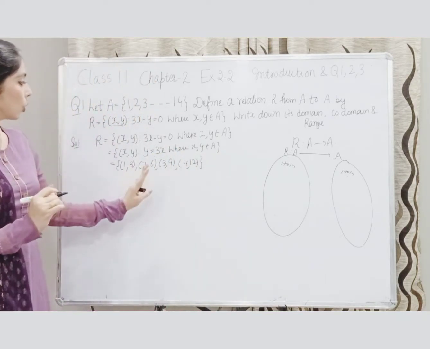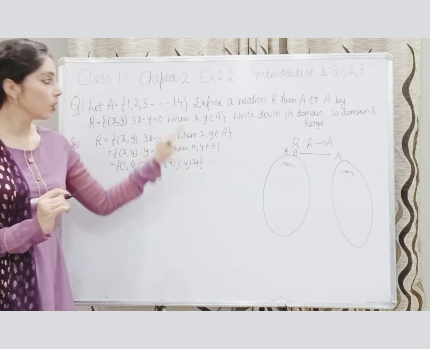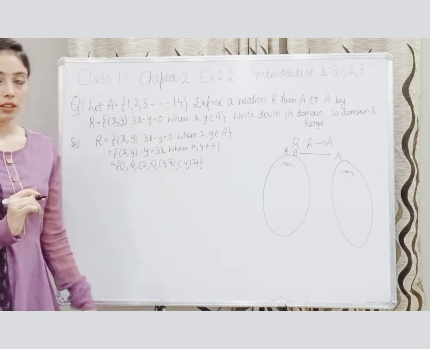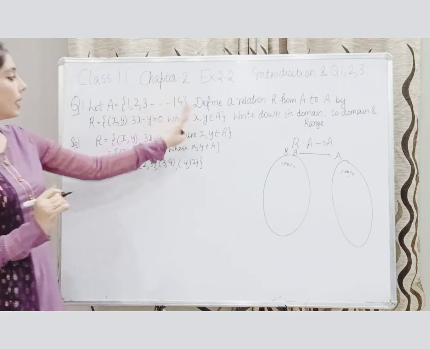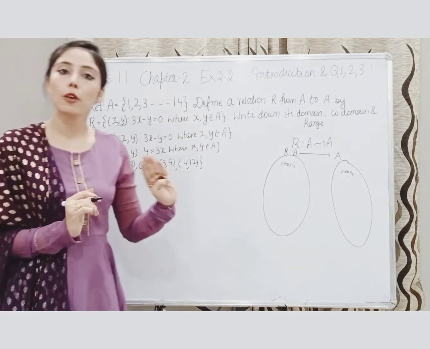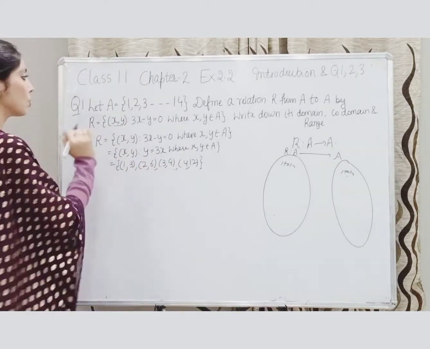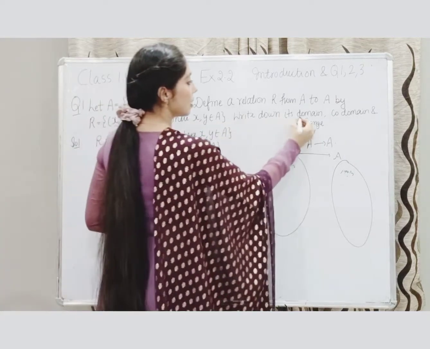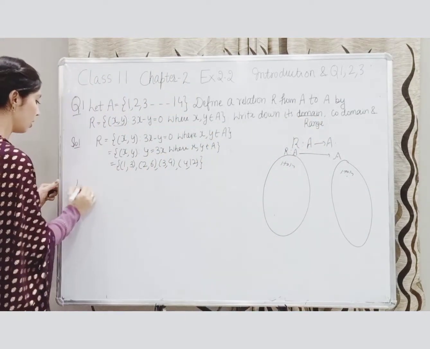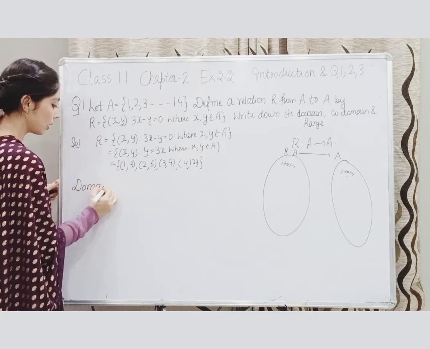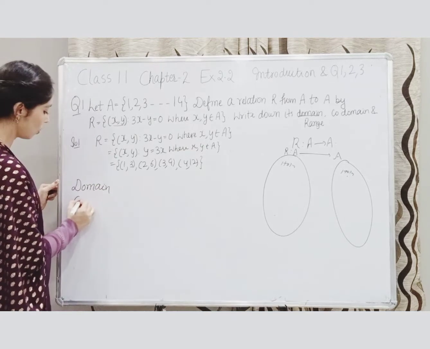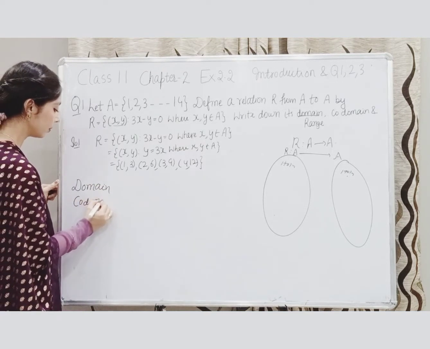Okay, also you can observe that this is a subset of the Cartesian product A cross A. In the Cartesian product we have many elements, but in the relation we have only 4 elements. Okay, so we have to write down its domain, codomain and range. You all know what domain, codomain and range are.